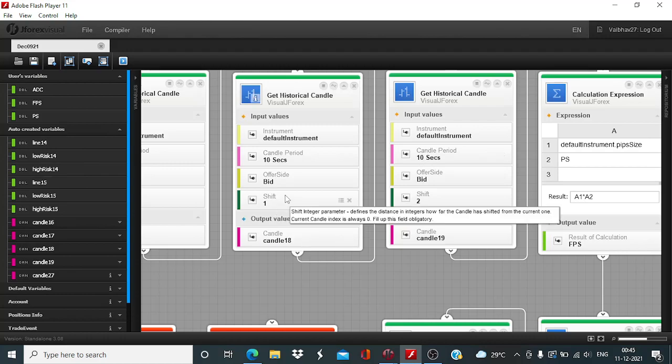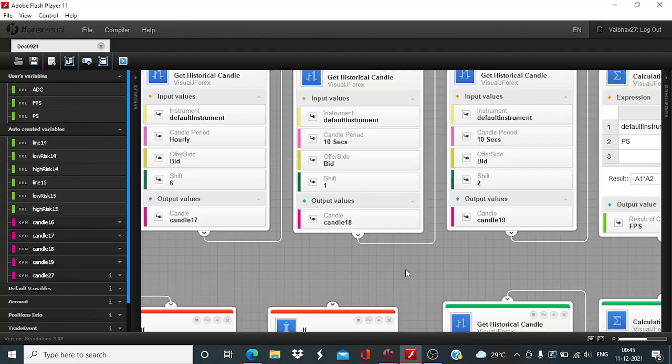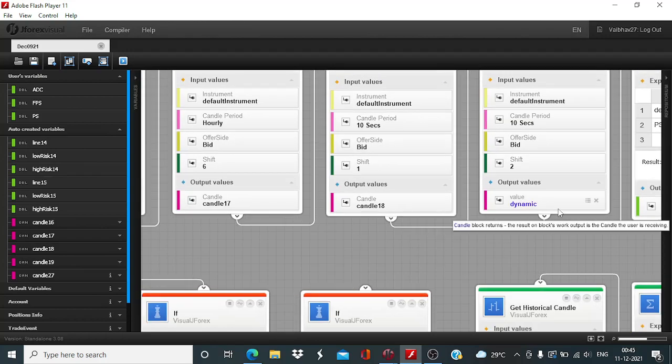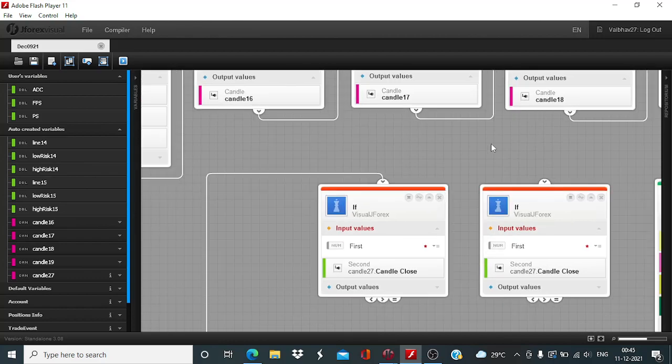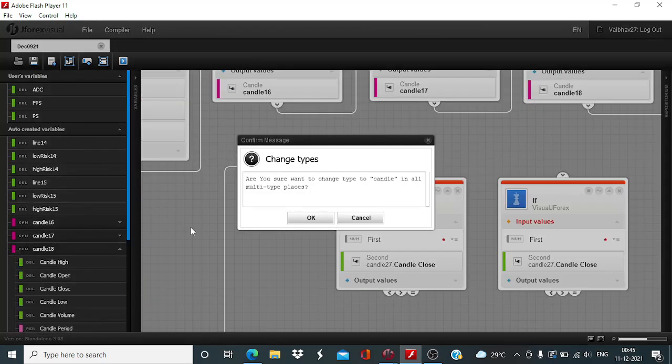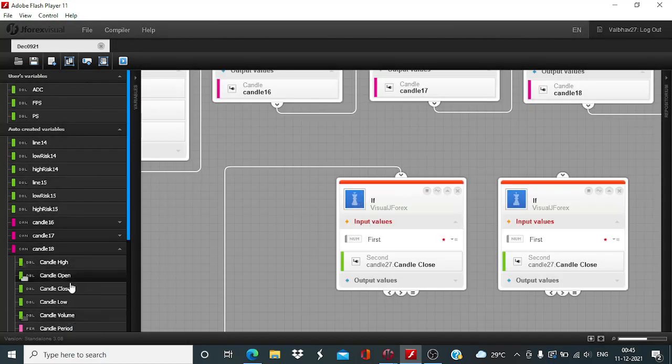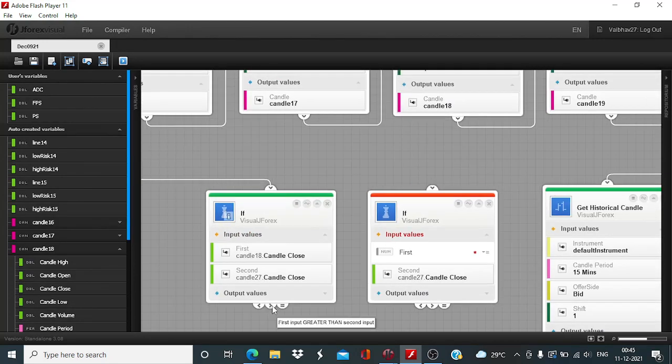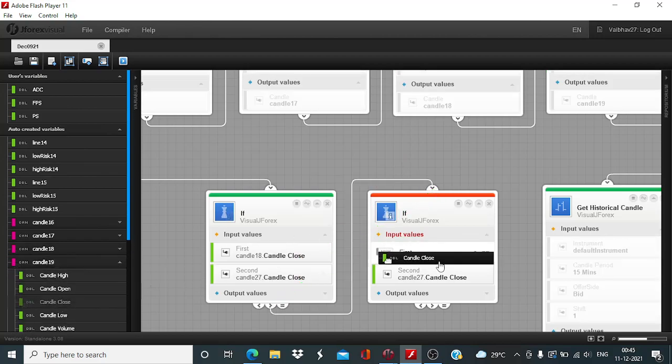Candle 18 has a look back period of 1 and it should have closed higher, whereas candle 19, which has the look back period of 2, should have closed lower. So I will compare candle 18 candle close. So here we need first input greater than second input, and after that candle 19 candle close.